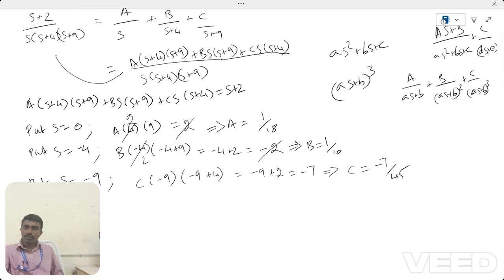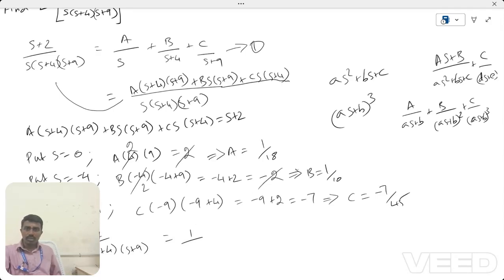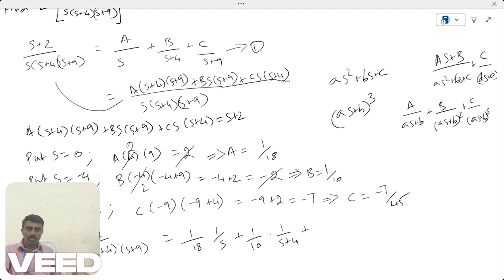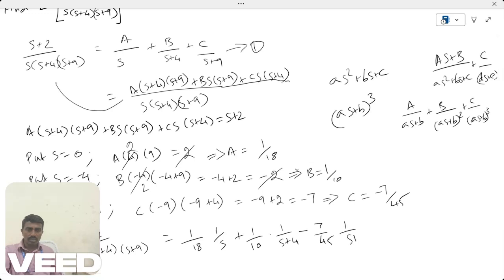From this equation, (s plus 2) divided by s into (s plus 4) into (s plus 9) becomes, A is 1 by 18, so 1 by 18 into 1 by s, plus B is 1 by 10, 1 by 10 into 1 by (s plus 4), plus C is minus 7 by 45, minus 7 by 45 into 1 by (s plus 9).